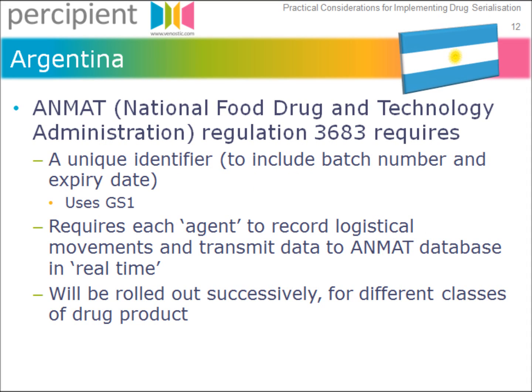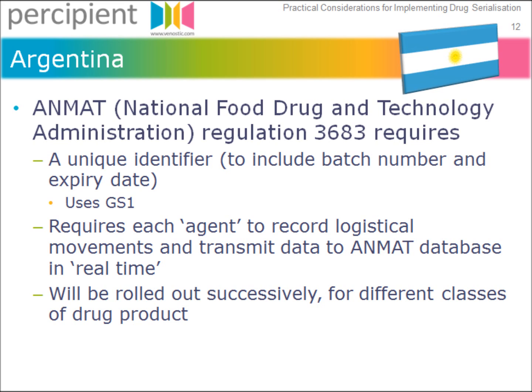Pressing on with our quick tour of the world, Argentina have also produced some regulations. Again, they're going to require a unique identifier, which will include batch number and expiry date. Again, that's going to use the GS1 standard. There are specific requirements for agents in the distribution chain to record logistical movements and also to transmit that data to the regulator in what they currently are calling real time.